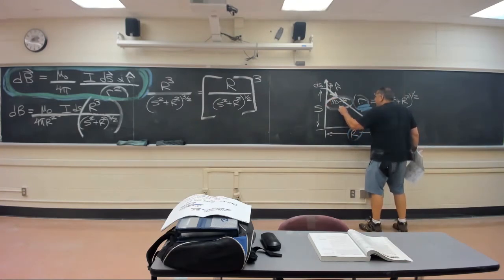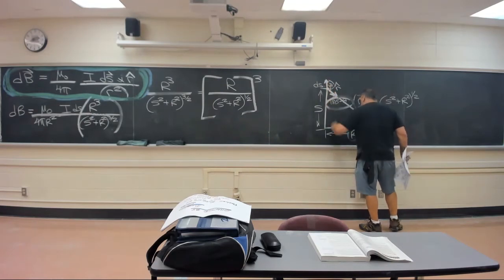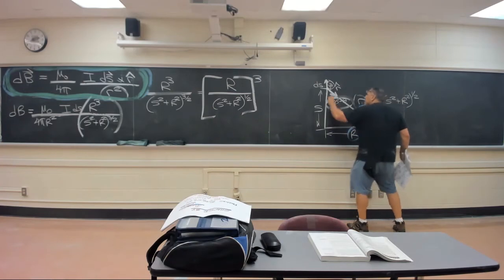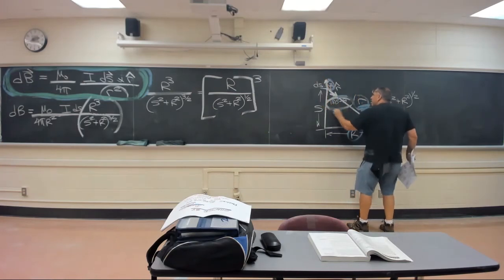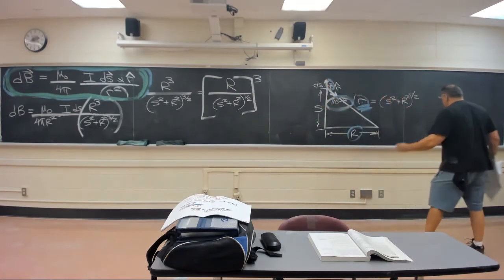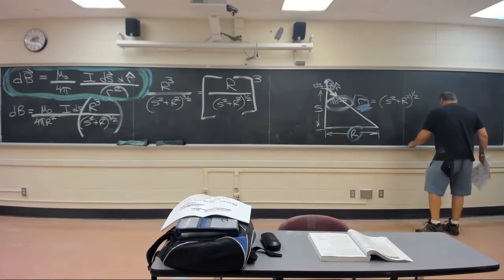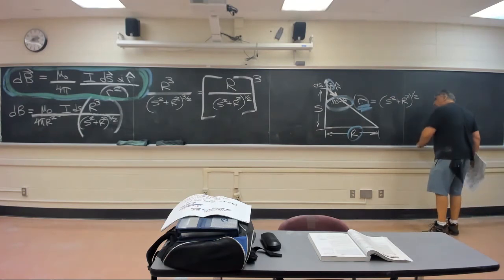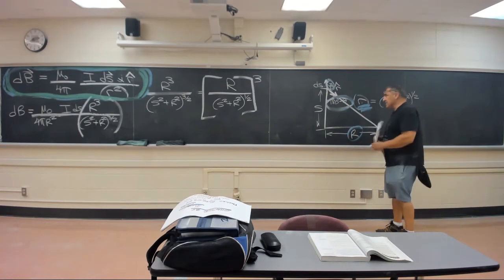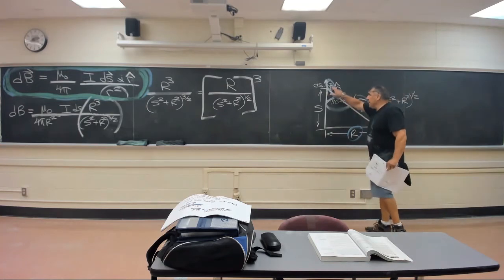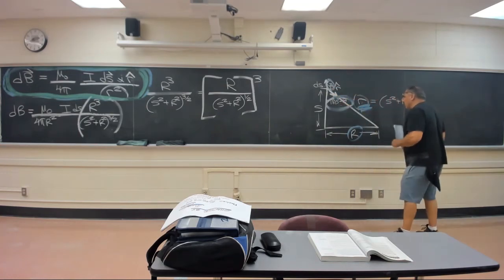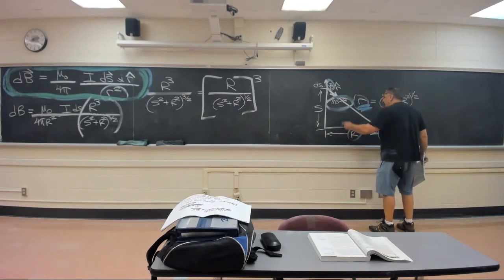The sine of 180 degrees minus theta is the same as the sine of theta. What is the sine of 180 degrees minus theta? It's the same as the sine of theta.